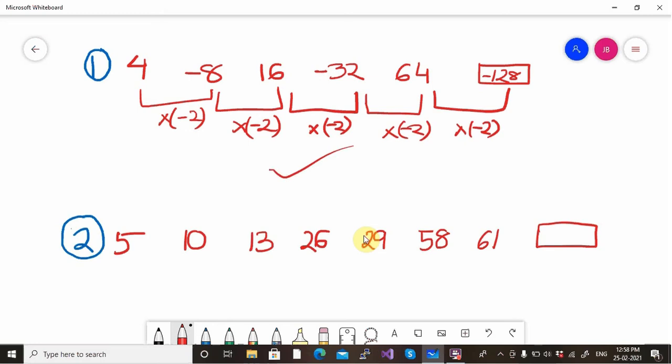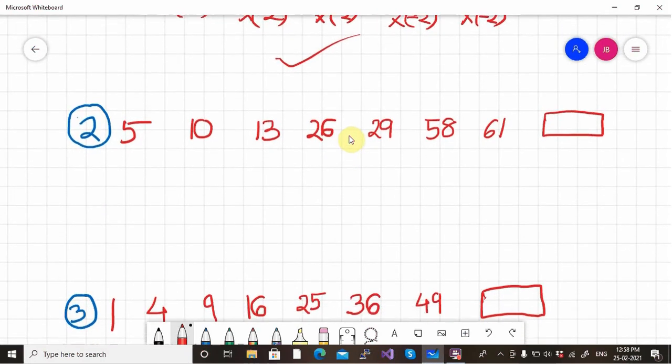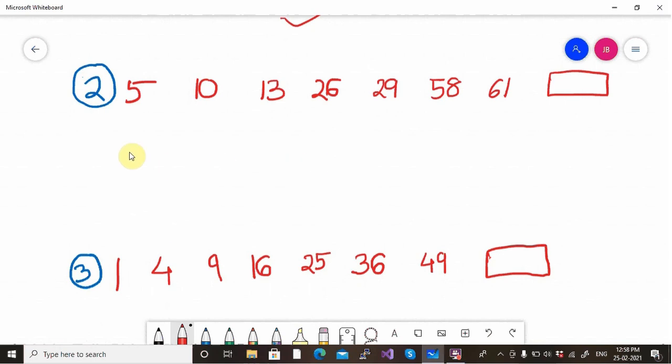So coming to the next question. The next question is 5, 10, 13, 26, 29, 58, 61. So what will be the order? It is in increasing order, right?